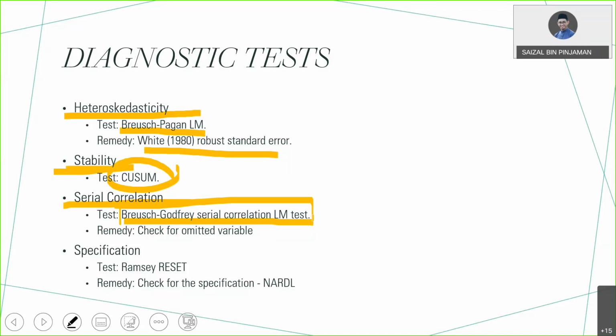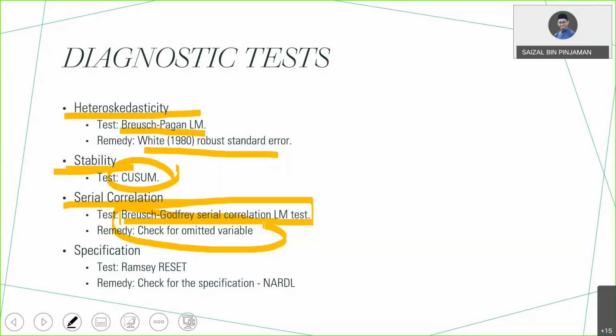Say, for example, we have this problem in our estimation, then we need to check for omitted variables. This is because one of the reasons why our error term is non-random, or in other words, why the present error term is determined or influenced by the previous error term, is that we failed to include important variables in the estimation.